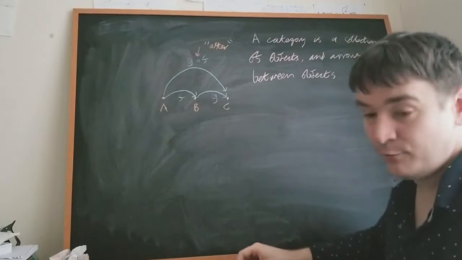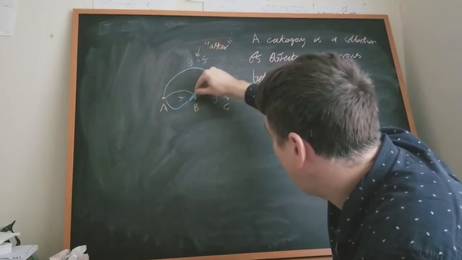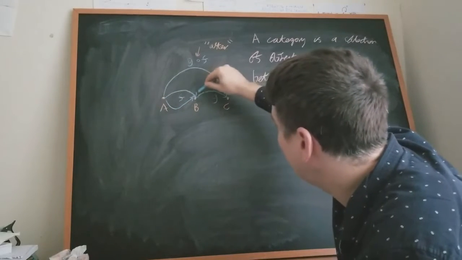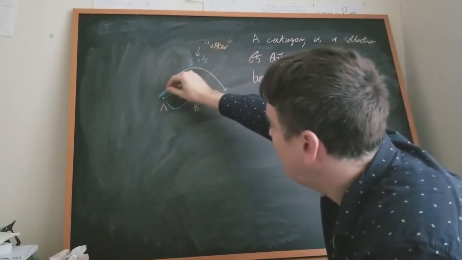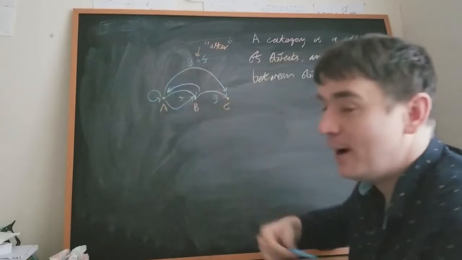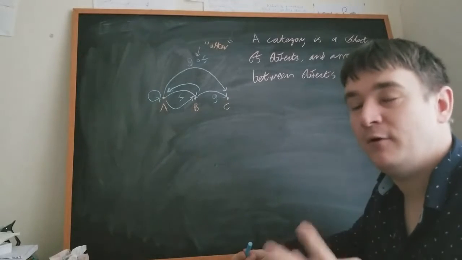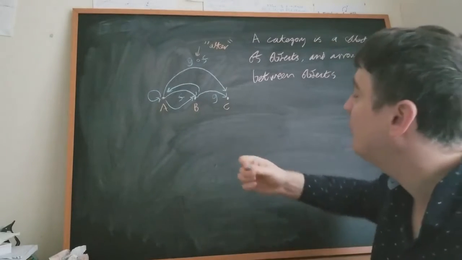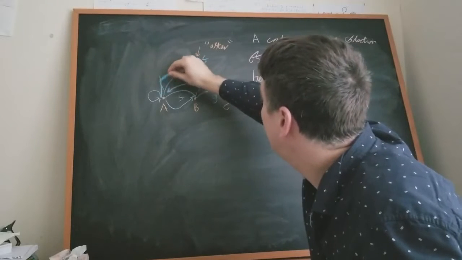So I should say at this point we can have multiple arrows between a pair of objects. We can of course have arrows going in the opposite direction. We can have arrows going from an object to itself. In fact, we must have arrows going from objects to themselves. I'll talk about those in a moment. So yes, we can have lots of arrows.